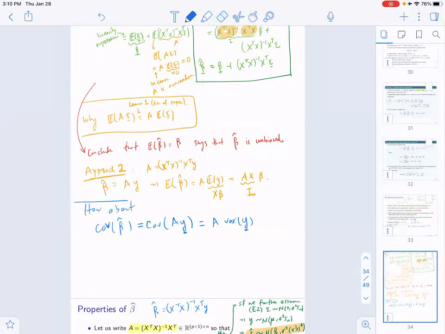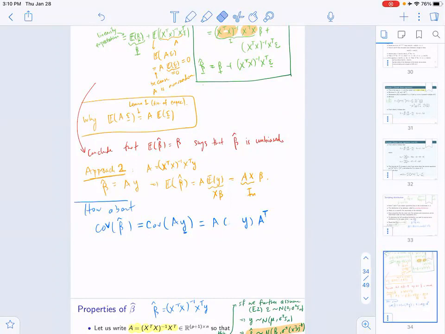It's close, but still this is ambiguous. What do you mean by the variance of y? Shouldn't it be the covariance of y? Yes, now we're good. So this should be the covariance of y, which plays the role of the variance for a vector.